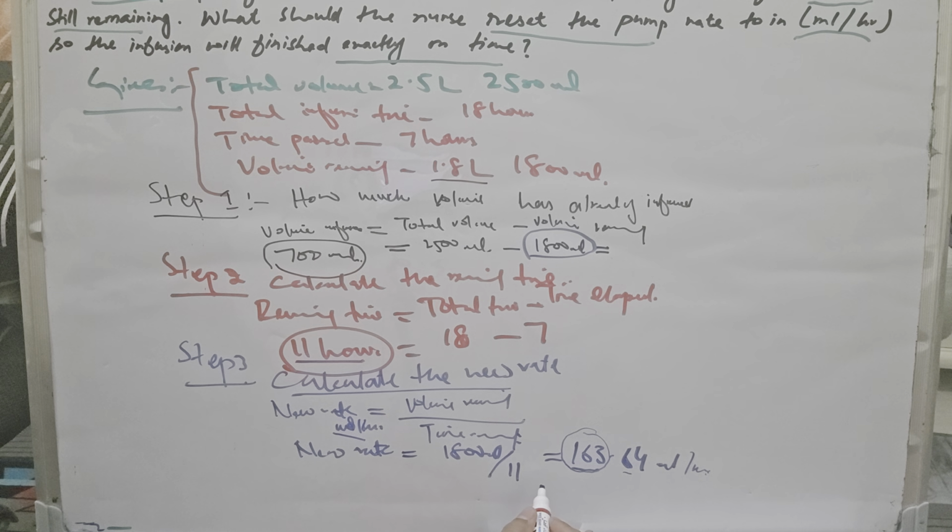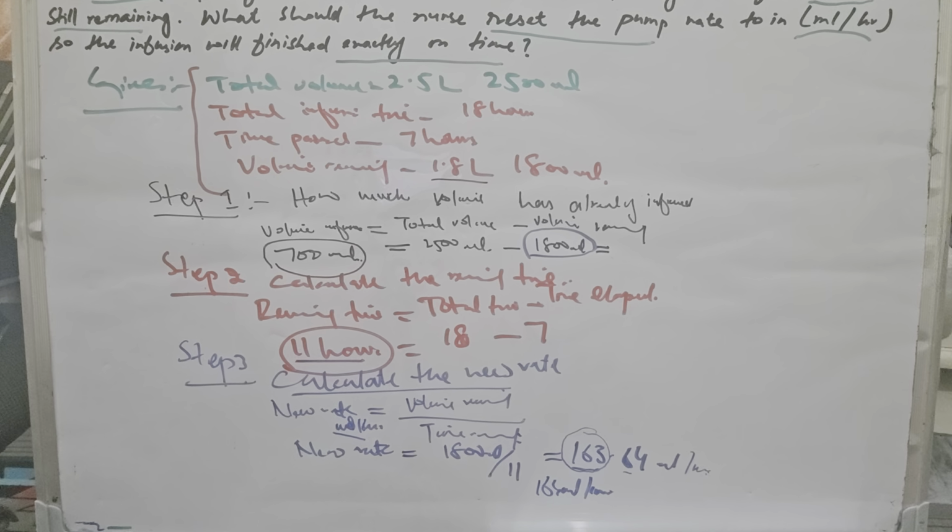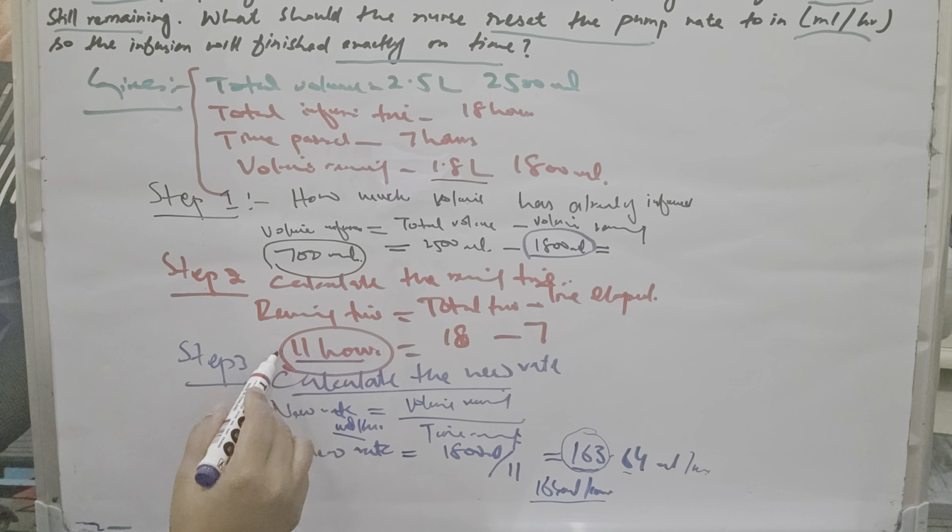So our answer will be 164 ml per hour. So the nurse should reset the pump to 164 ml per hour, so the infusion finishes on time, meaning in 11 hours.